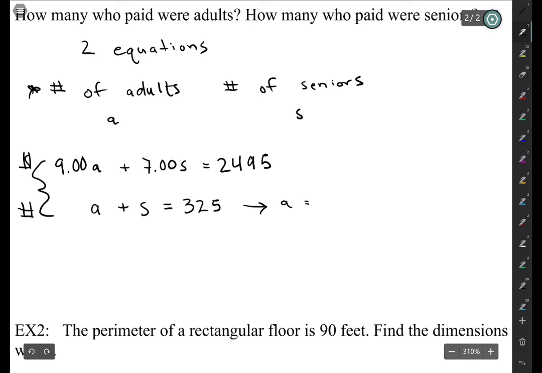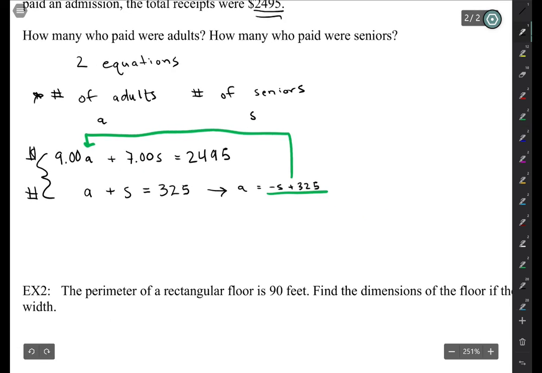And I'm going to solve for A. I know that A is negative S plus 325. With that, I can substitute into A in the money equation. So then, what that would look like is 9 times negative S plus 325 plus 7S equals 2,495.